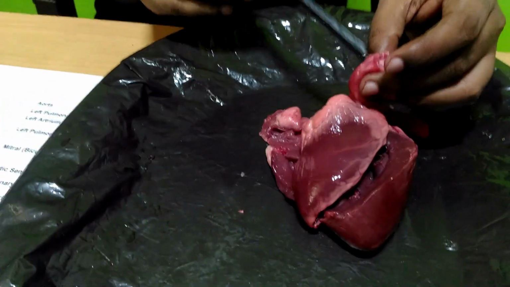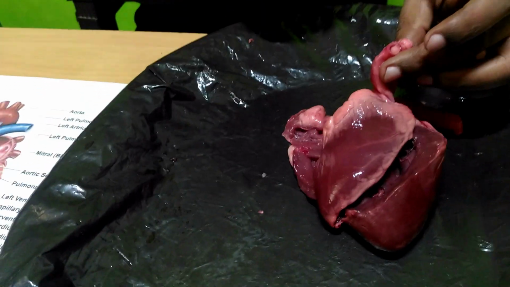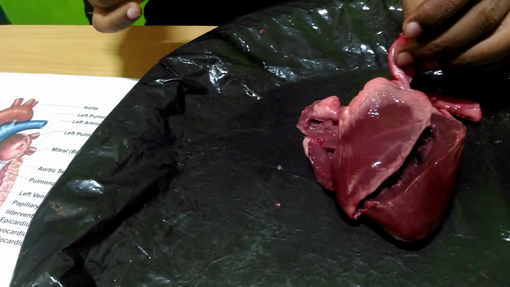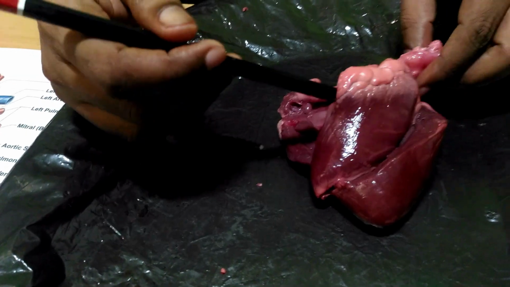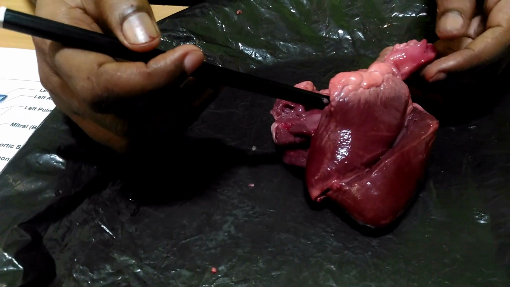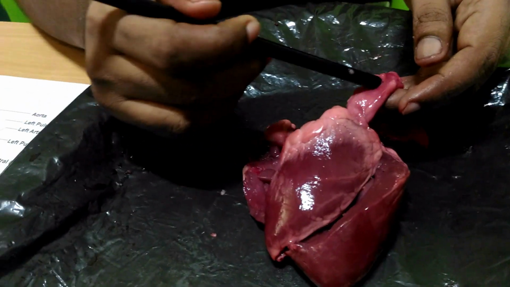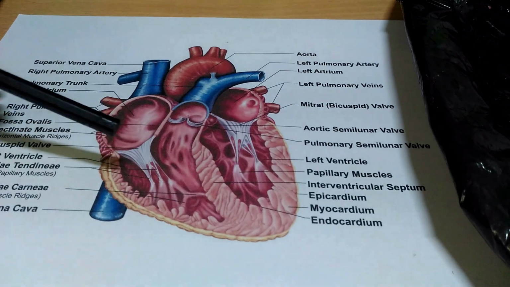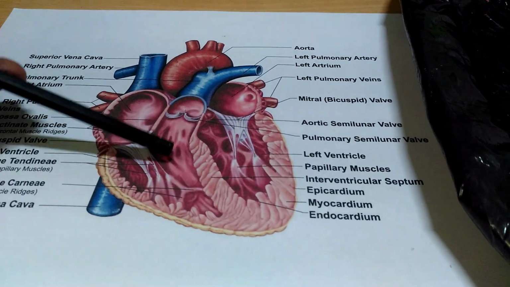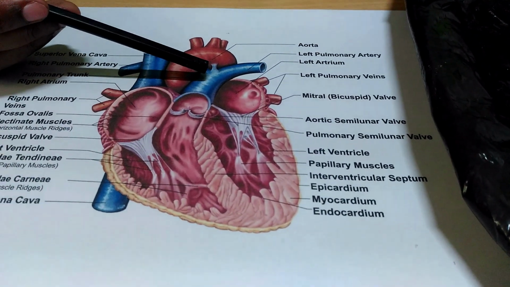This pulmonary artery will divide into right and left. The right will go to the right lung, the left will go to the left lung. This is the only artery which carries deoxygenated blood in our body. So deoxygenated blood leaves the heart through this pulmonary artery.